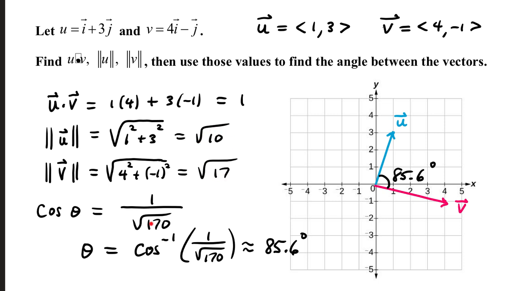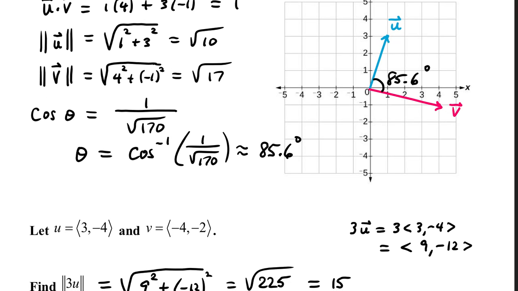Square root of 10 times square root of 17. You can write that as a single square root of that product, 170. Cosine inverse of that fraction gives us 85.6. And that's the angle between the two vectors.